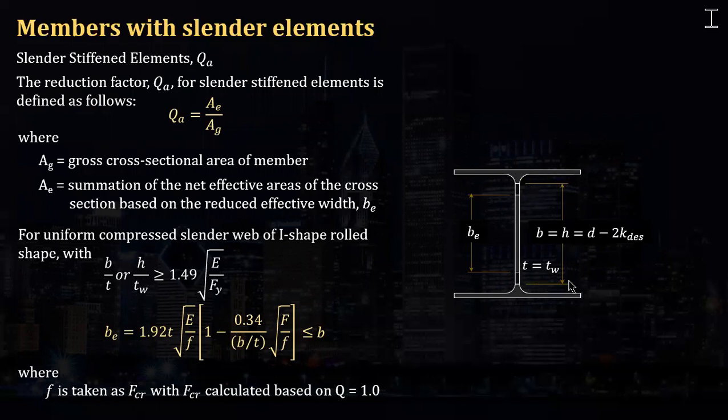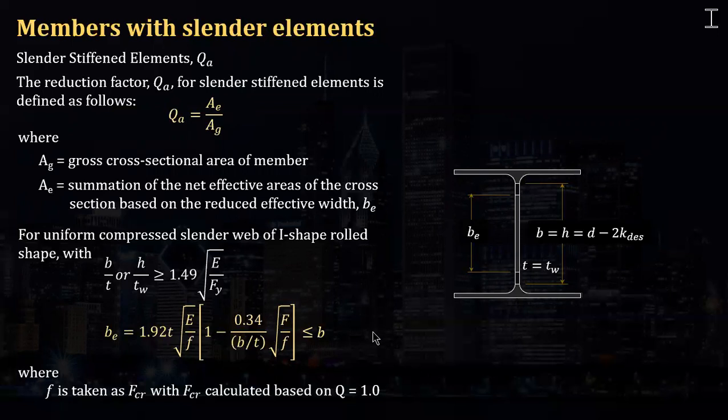The exact width or height of the web is equal to the total depth minus twice k, or design k. That k is the distance from the outer face of the flange to the web toe of the fillet here. Okay, so that is k. This is k. So we'll be using this formula where b over t is h over tw.